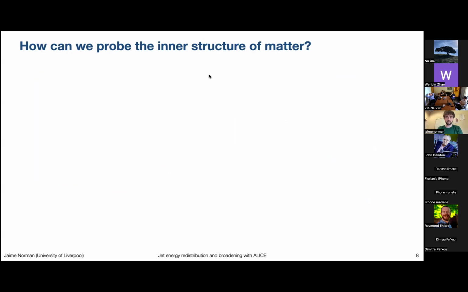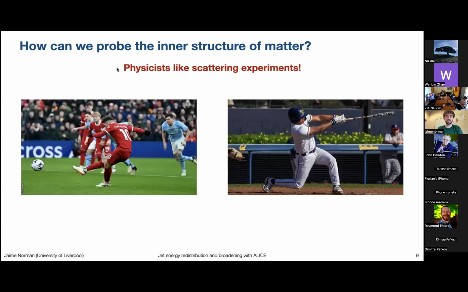And we're physicists, and we like scattering experiments to do this. So these are some scattering experiments in sports. On the left, Liverpool beating Man City, where whether the ball scatters off the goalkeeper or goes into the goal affects the outcome of the game.